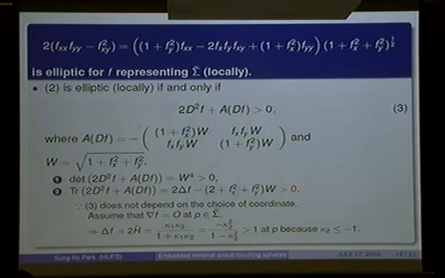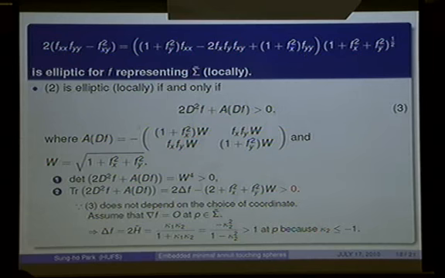Then the determinant of this matrix is W to the 4, so it is always positive, and the trace is 2 times Laplacian of f minus 2 plus f_x squared plus f_y squared times W. And I need to show that this is positive, but I can assume that the gradient of f is 0, and then the Laplacian of f is the mean curvature times 2, and it is bigger than 1 at P because I have this condition.